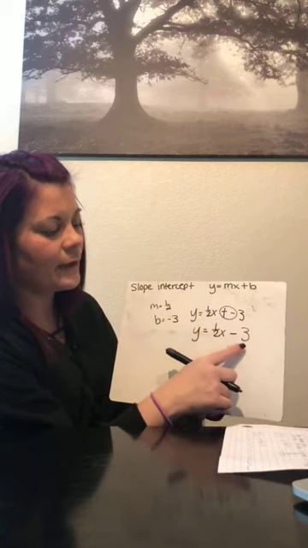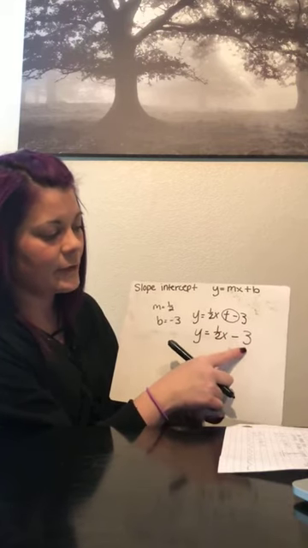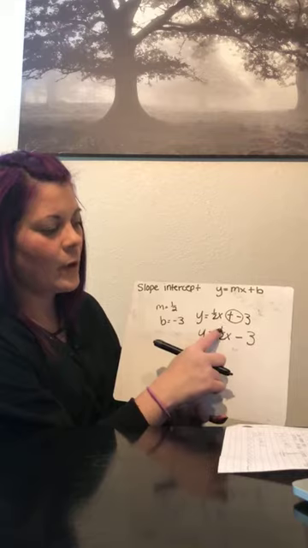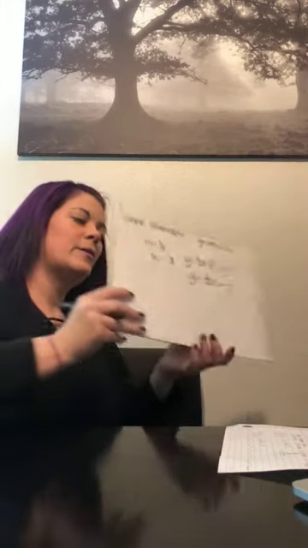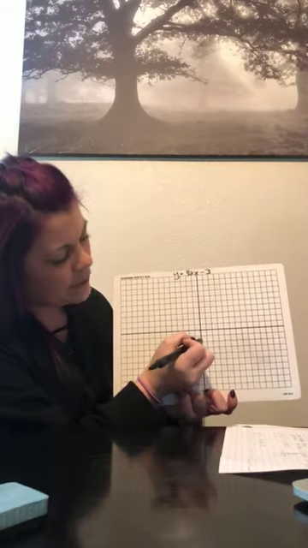So this tells me that my y-intercept is -3. And then I go up 1 and then over to the right 2 because of the slope. Up 1, over to the right 2. So let's graph that one. I'm not going to graph all of these, but we'll graph this one. 1/2 x minus 3. So -3, 1, 2, 3 on the y-axis.